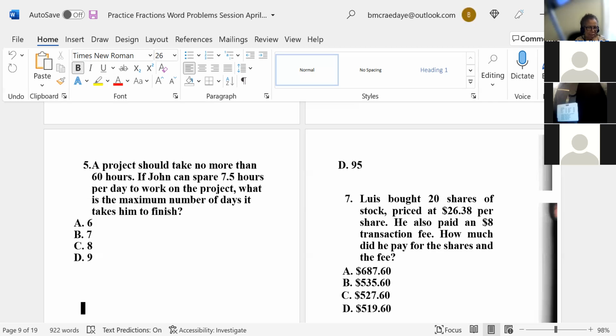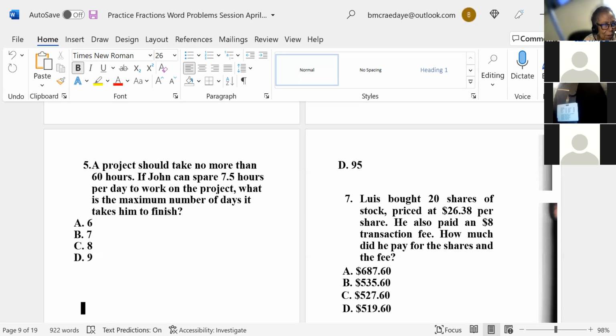So how many days of work? 5 days. How did you get that? By dividing the 40 by the 8. Well, this is the same kind of problem. It's not multiplication, it's division.